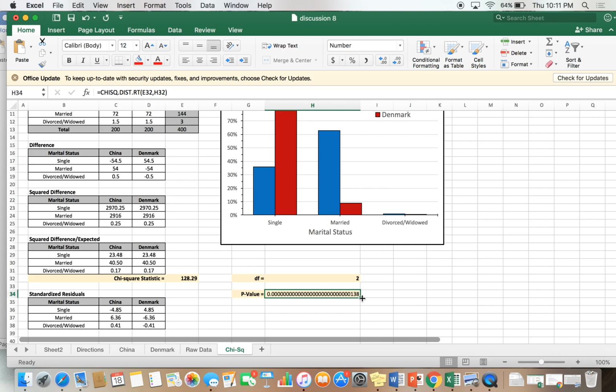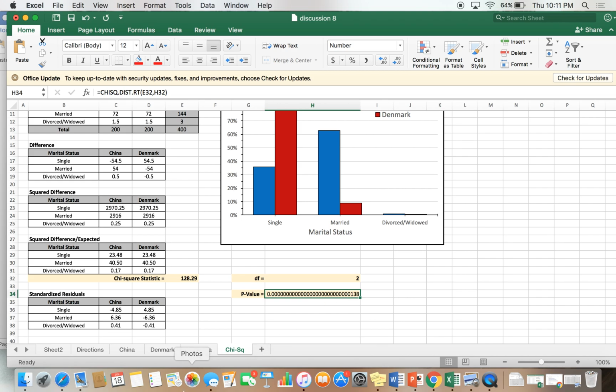So, with that being said, this number is proof to us that we are going to reject our null hypothesis because it is just not even on the same planet as what we were expecting.